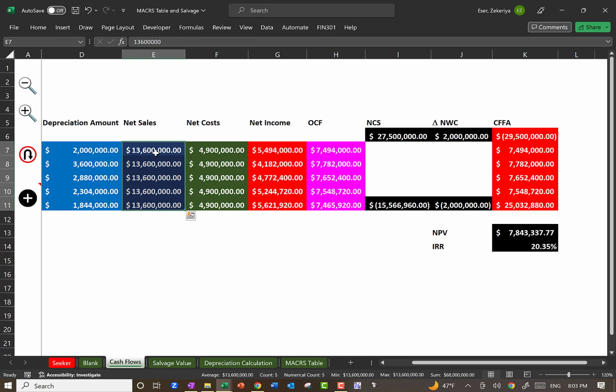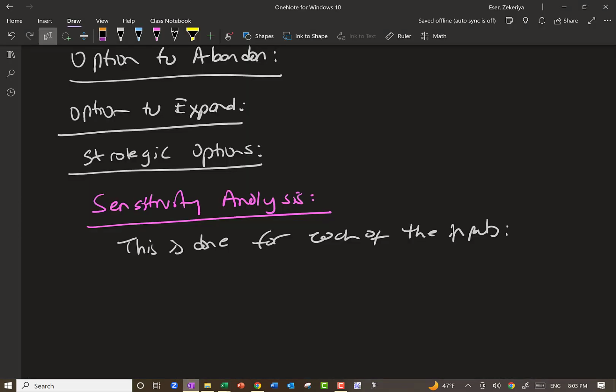You could do similar analysis on unit sales, net costs, what have you. But in that case, you're analyzing each of the inputs independently. The so-called ceteris paribus, everything else being the same. The trouble is, those things are rarely independent.